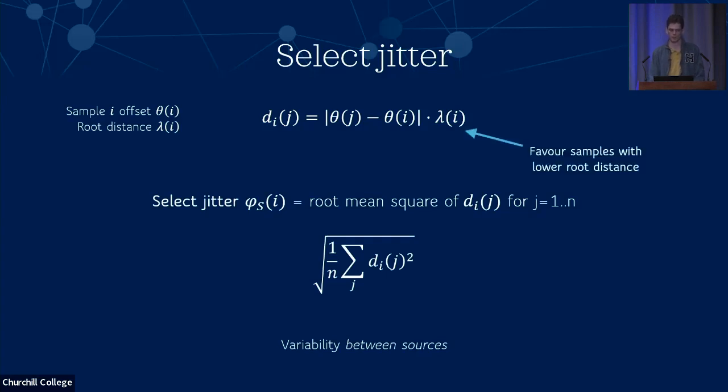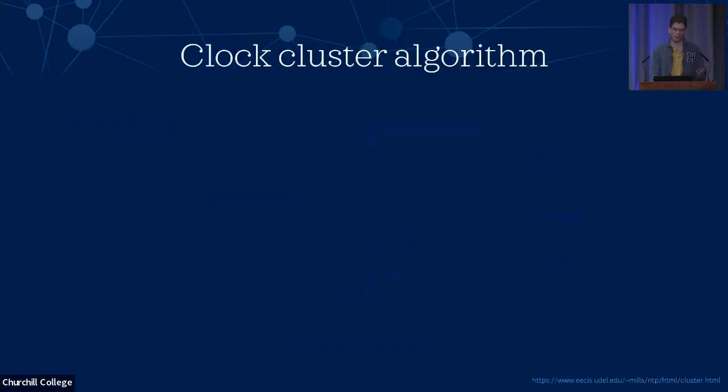The root distance term just means that we favor samples with lower root distances, i.e. that have a lower maximum error. So we have peer jitter, which is variability within the same source, and select jitter, which is variability between different sources. That all sounds a little bit confusing.